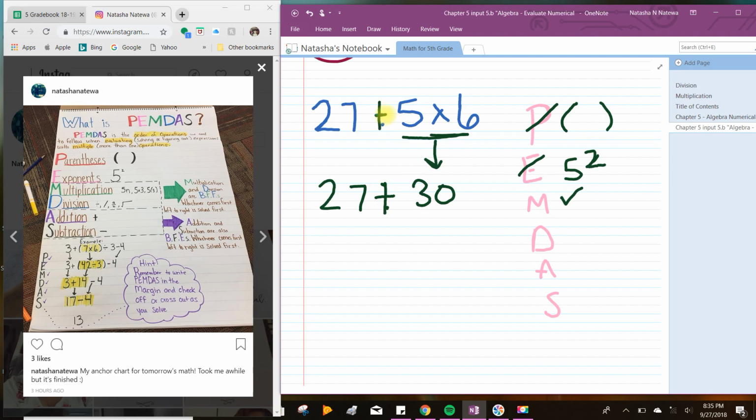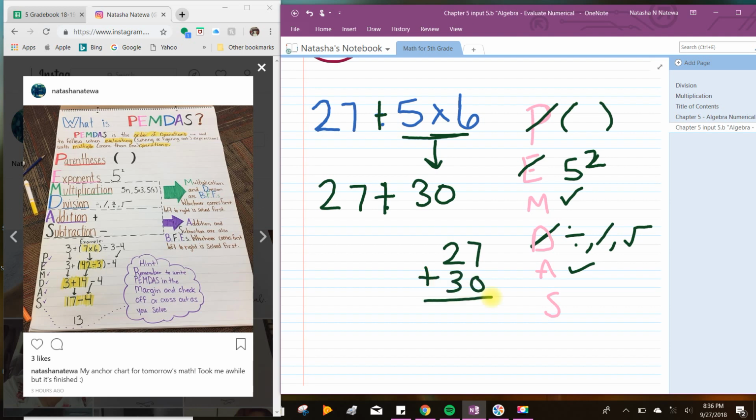Sorry, guys. Alright, is there any division signs? No, we don't see any of these. But we do see addition. 27 plus 30. Set up your problem. What's 7 plus 0? 7.